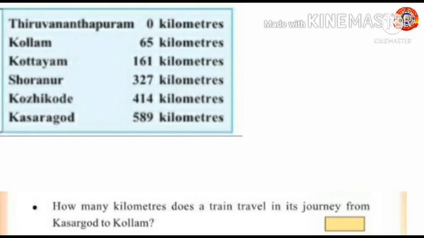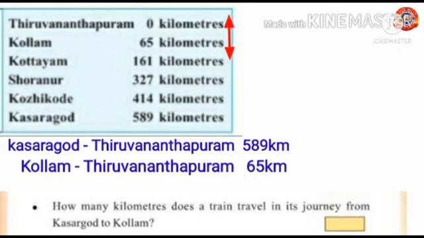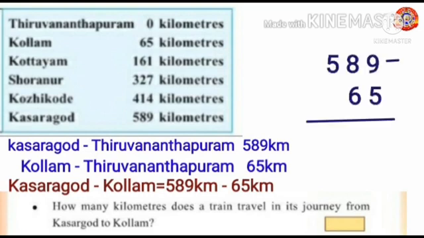See, the distance from Kasaragod to Thiruvananthapuram is 589 km. The distance from Kollam to Thiruvananthapuram is 65 km. So, to find out the distance from Kasaragod to Kollam, subtract 65 km from 589 km. 589 minus 65. 9 minus 5, 4. 8 minus 6, 2.